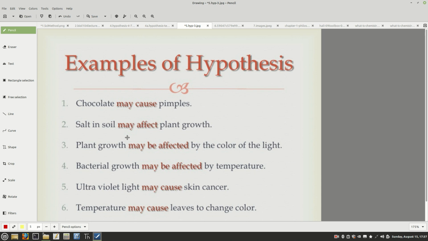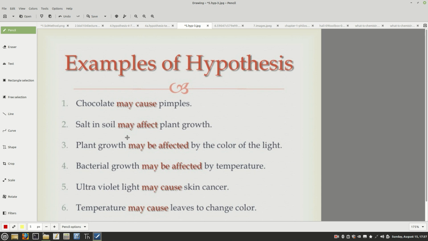You can disprove or prove your null hypothesis, the other types of things that we talk about, but you can never prove a hypothesis. So keep that in mind. Make sure you don't say you proved your hypothesis, because that would be an incorrect statement and you'll get counted off for that. So chocolate may cause pimples, salt in the soil may affect plant growth.